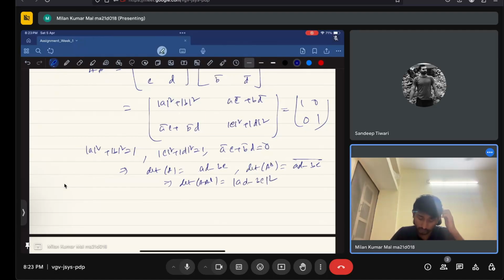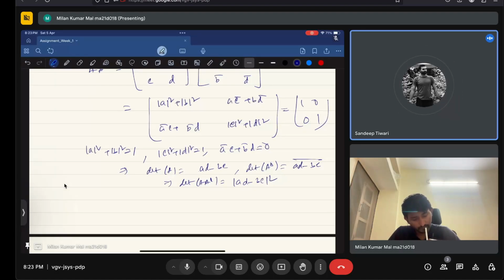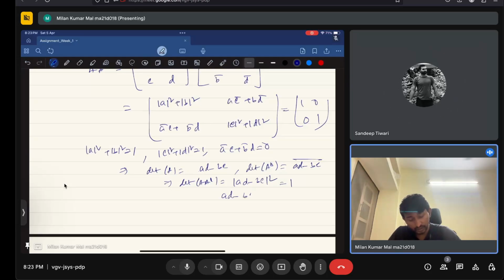Anything else from here? There is a way one can do, that is taking e to the power I theta. This will imply modulus of determinant A square is 1. Then AD minus BC, mod of this equals to 1. So AD minus BC is equals to e to the power I theta.